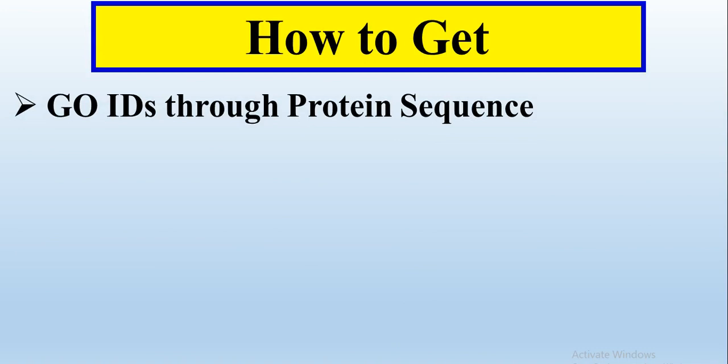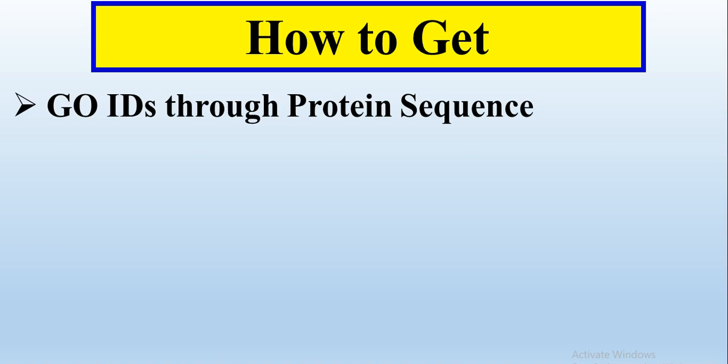In this tutorial, we will try to get the GO IDs through the protein sequence of our gene or gene family, or the CDS sequence or the genomic sequence. Any type of sequence of your gene, single gene or a gene family you have, either in protein form, CDS form, or genomic form, you can easily get the GO ID of that gene.